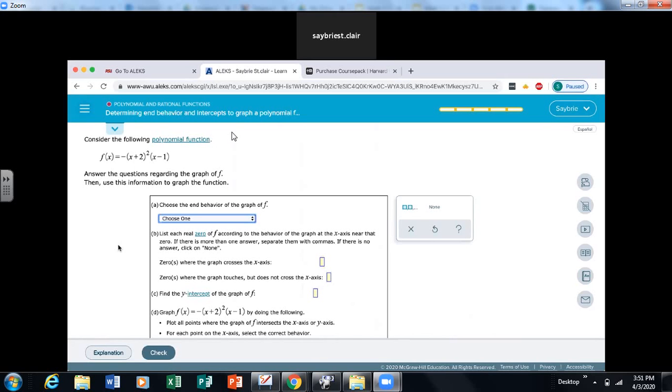I'm going to type in y equals negative in parentheses x plus 2. Close that parenthesis, that's going to be squared. Open up another parenthesis. I'm going to take a screenshot of this and send it to you. Left parenthesis x minus 1. Close that parenthesis.